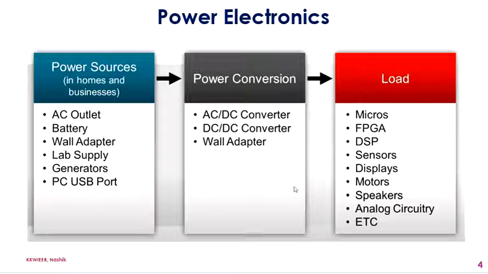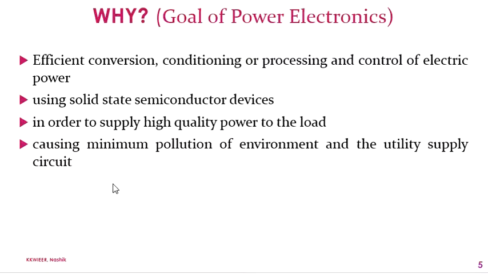Now we will see why this power electronics is needed. What is the goal? Efficient conversion, conditioning, processing and control of electric power using solid state semiconductor devices such as MOSFET, BJT, IGBT and SCR, TRIAC, etc. in order to supply high quality power to the load, that is the user load, causing minimum pollution of the environment and the utility supply circuit.